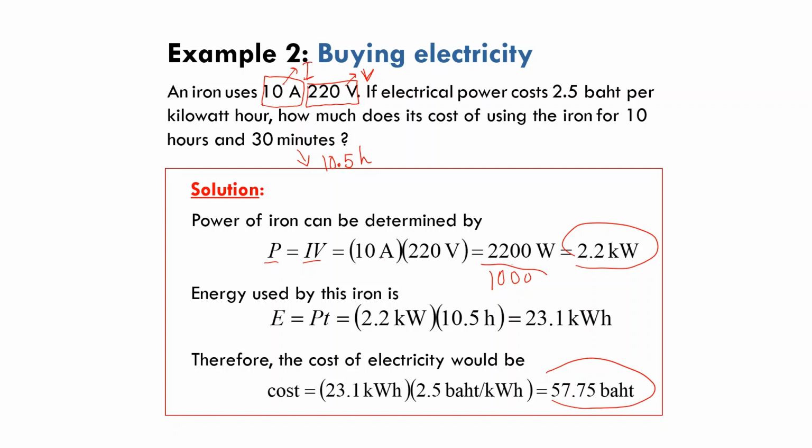Obviously, the air conditioner has a lot of power, probably higher than the fan. So when you use the air conditioner, you have to pay more in electrical bills.